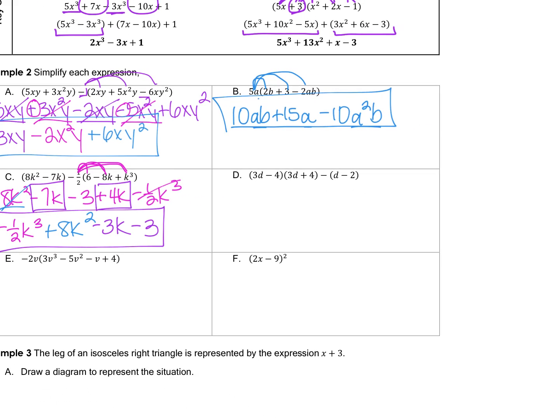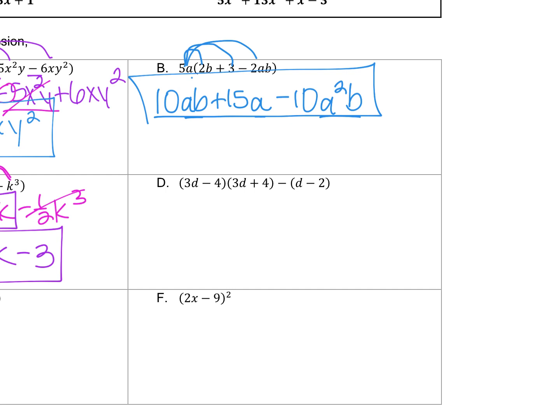Okay, part D. Notice we are multiplying two binomials together, and then we're going to subtract. So we first have to use PEMDAS by multiplying. If you remember from Algebra 1, when you multiply a binomial times a binomial, you use FOIL. I multiply the first terms together: 3d times 3d is 9d squared.